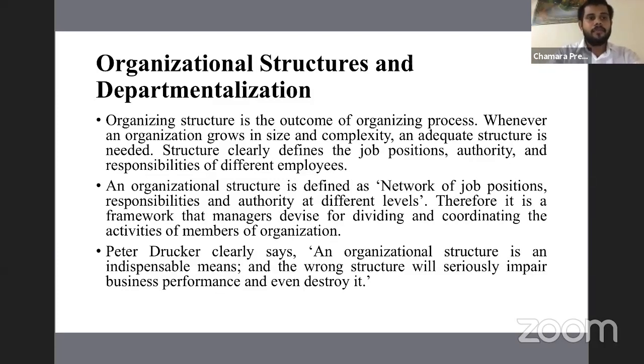Therefore, it is a framework that manages devices for dividing and coordinating the activities of members of an organization. And finally, Peter Drucker clearly says an organizational structure is an indispensable, that is, necessary and essential means, and the wrong structure will seriously impair business performance and even destroy it, right?